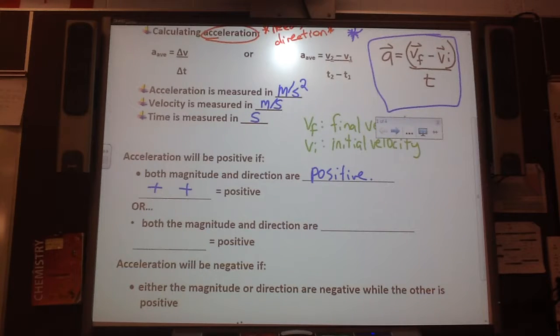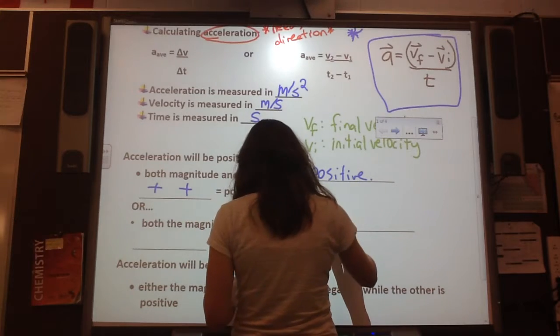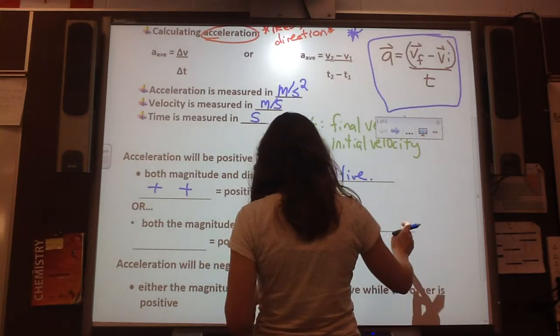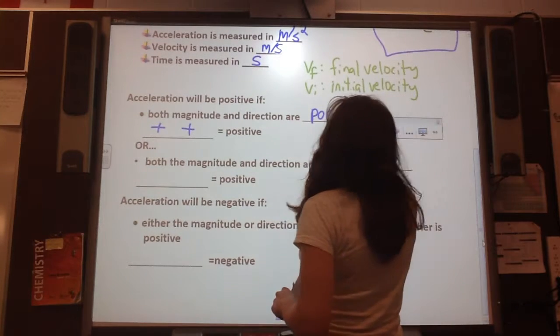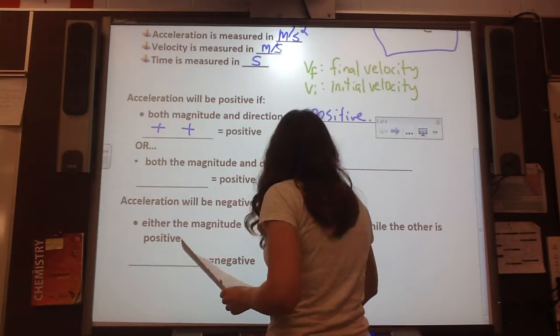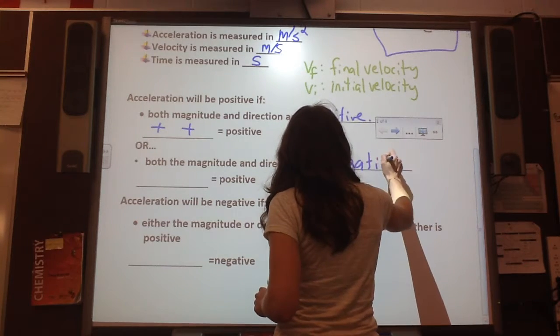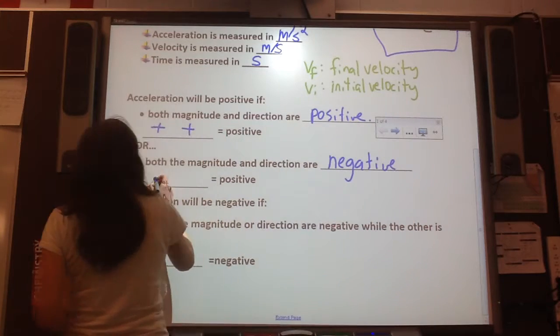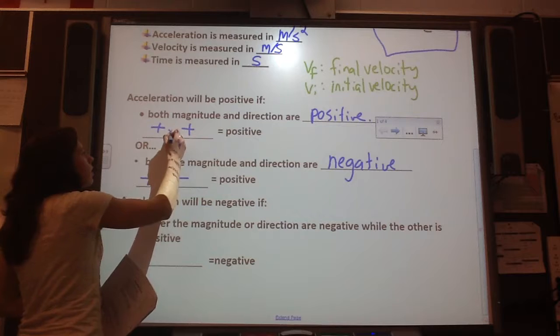Both the magnitude and direction are negative, so if they're both negative, we'll also end up with a positive acceleration. If you have a negative times a negative, you'll get a positive.